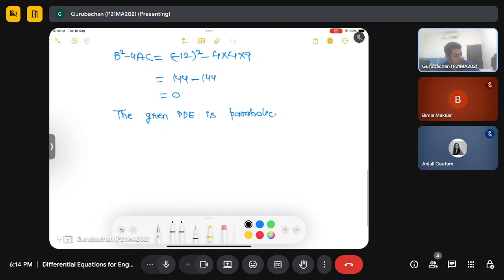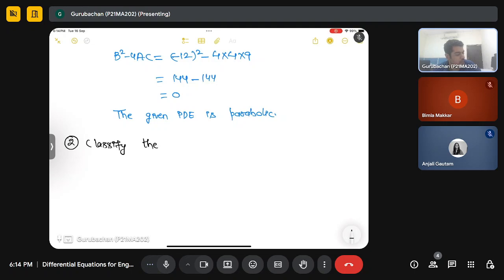So the second question is: classify the PDEs graphically in the plane.